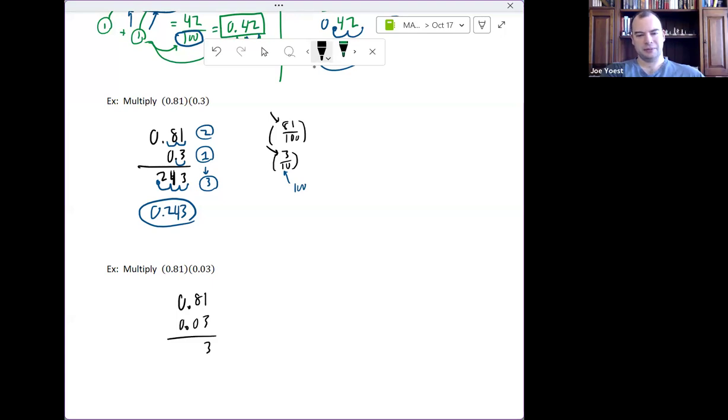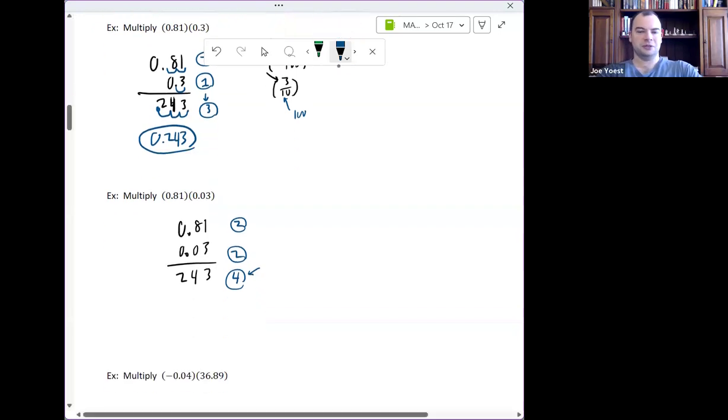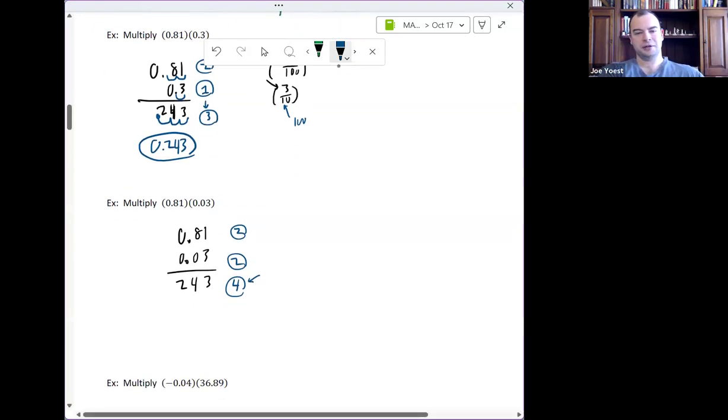Three times 1 is 3, 3 times 8 is 24. Just like before, we have 2 decimal places in the 0.81, but now we have 2 decimal places in the 0.03. We ought to have a total of 4 decimal places in our answer.